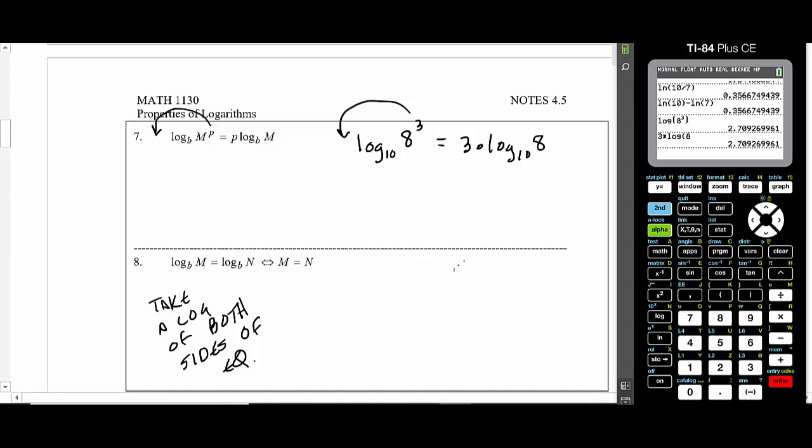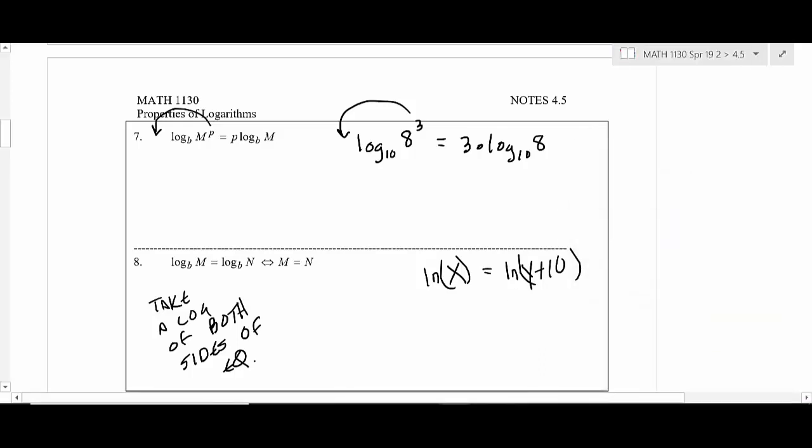So if you had something like x equals y plus 10, it's okay to do a logarithm of any base of both sides, or remove those from both sides. That's what that property is basically saying. So in practice, we're going to go through and work some illustrations of some of these properties.